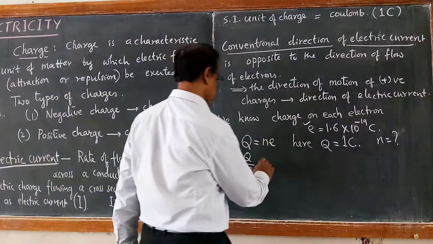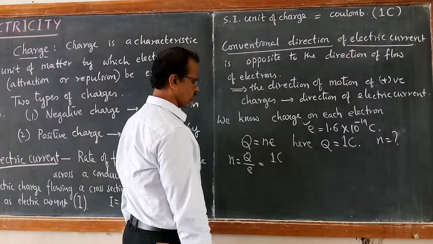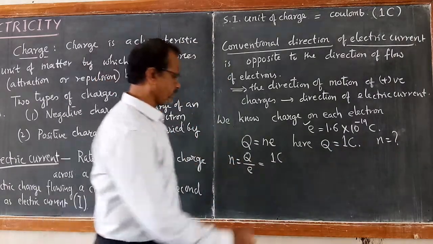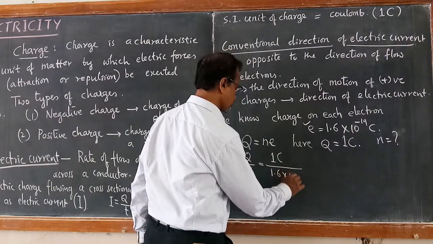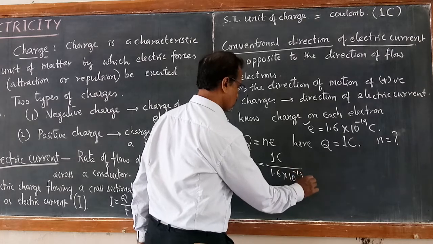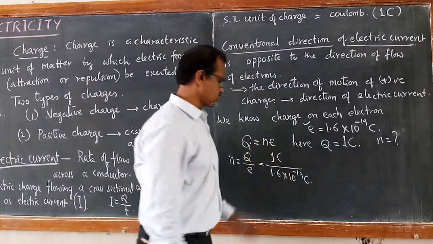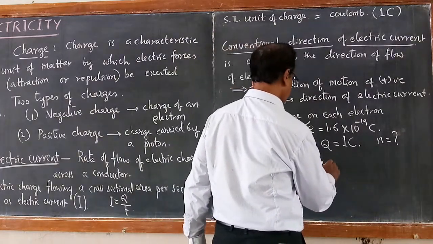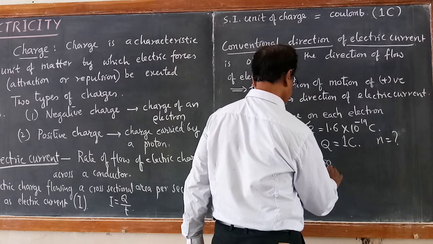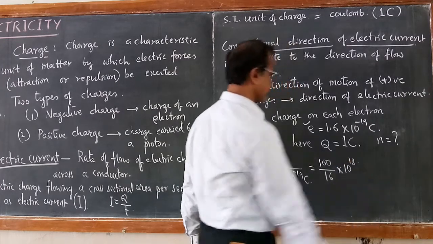So we want to construct 1 coulomb of charge. How many electrons are required? 1 coulomb divided by 1.6 into 10 raised to minus 19 coulomb, that is the charge of each electron. So coulomb cancels. After simplification, 10 raised to minus 19 goes to the numerator, and you can write it as 100 divided by 16 into 10 raised to 18.